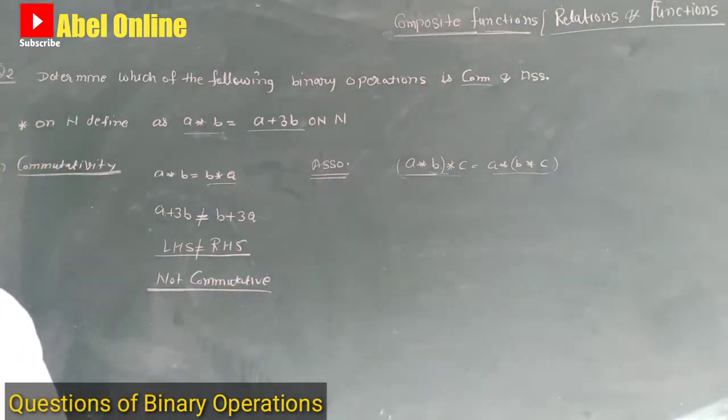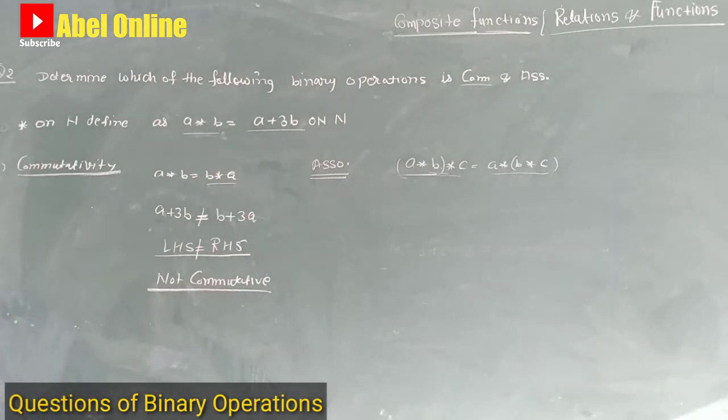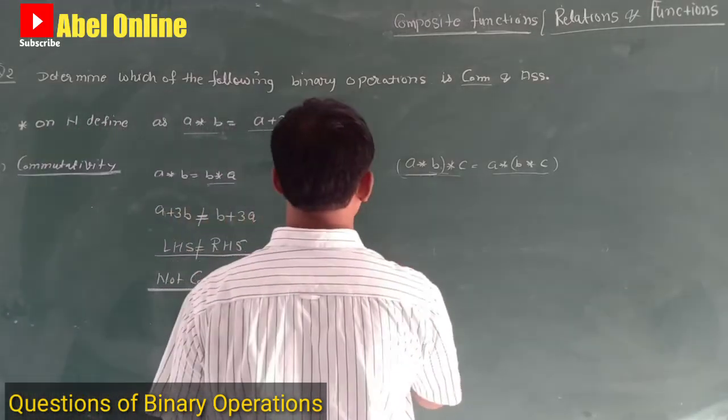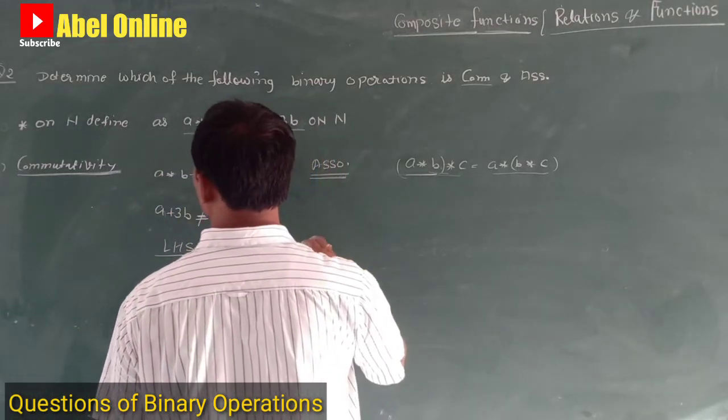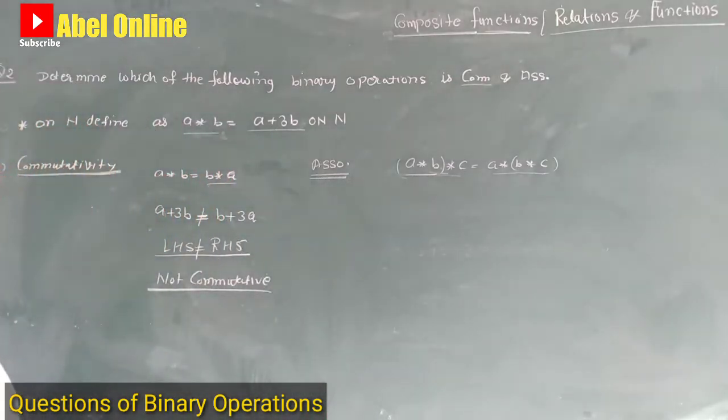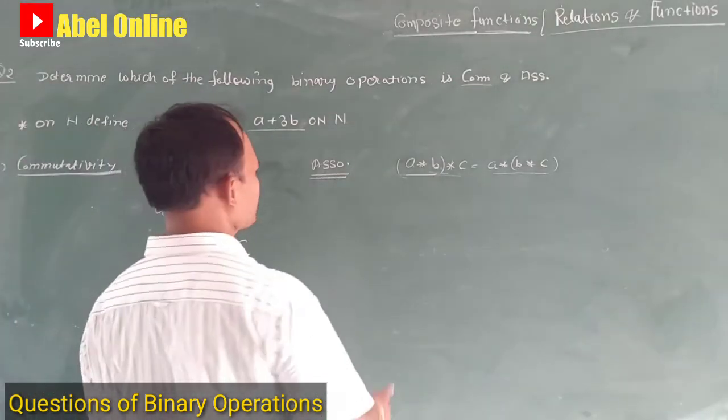This is not commutative. Next one is a star b star c equal a star b star c.